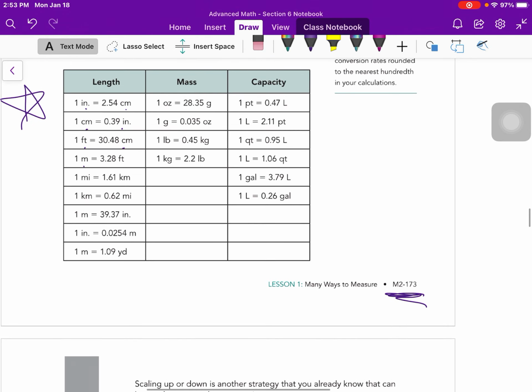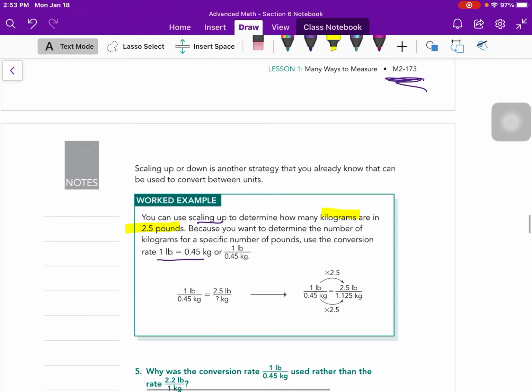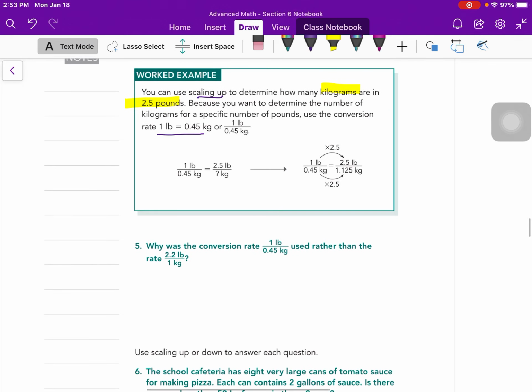We can get that right from here. We don't have to memorize those things because we can use a table like this to help us. So I can scale up to show how many pounds equals 1 kilogram or vice versa.